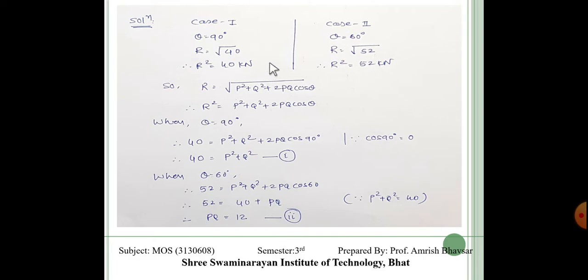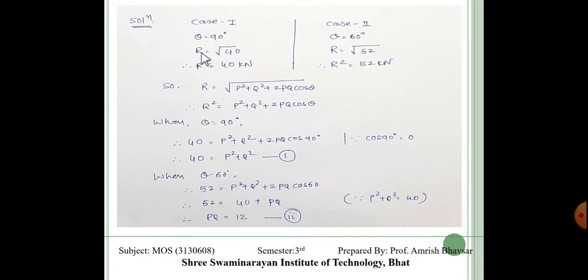Now we have the equation of R, because here we only have the data of theta and R. So we must use the equation of R: R square is equal to P square plus Q square plus 2 PQ cos theta.